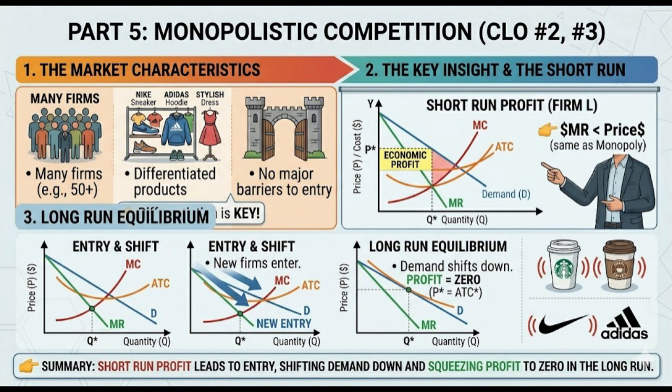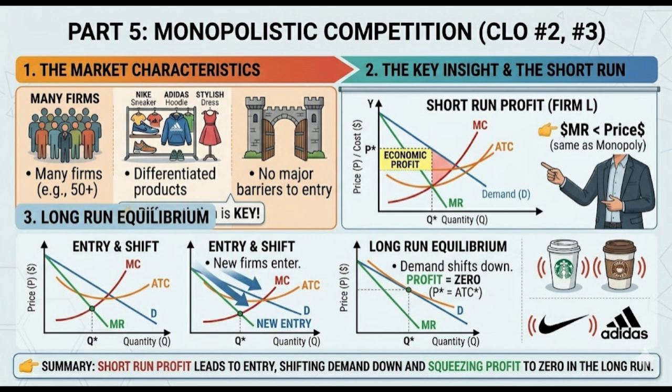All right, so now what is monopolistic competition? Let's look at a more common real world market. So, what are the characteristics of monopolistic competition? First, there are many firms.